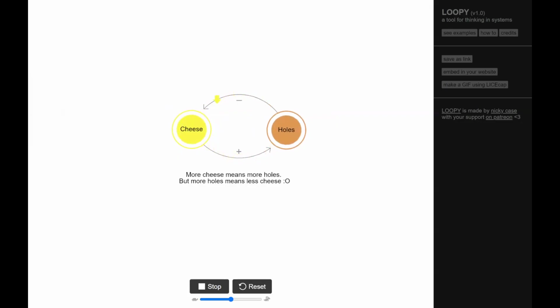Every time you get more cheese, there's more holes, but if there's more holes, then that means there's less cheese. That is such a weird paradox. Is that a real paradox? Yeah, moral of the story is don't buy Swiss cheese.